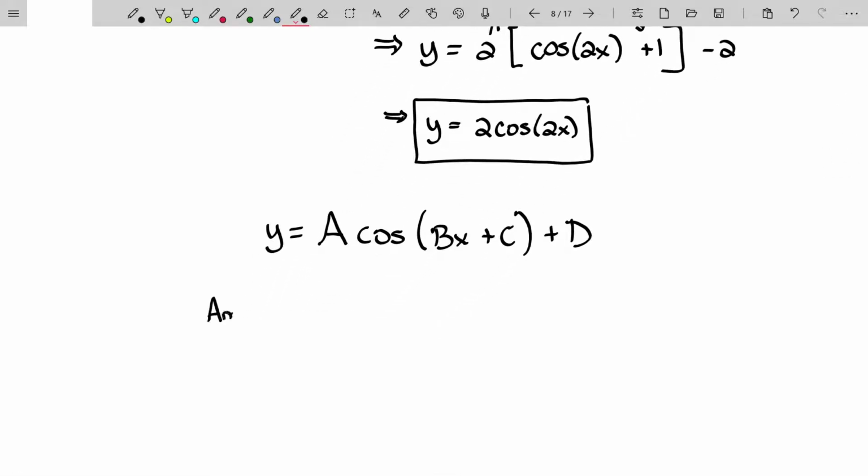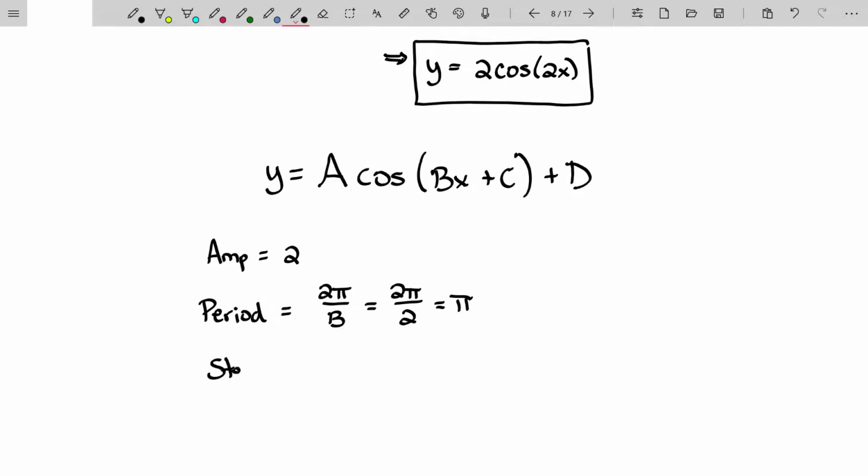So I know the amplitude for this graph is going to be 2. I know the period for my graph is going to be 2 pi over b, which is 2 pi over 2 in this case, or pi. I know the step size is the period over 4.